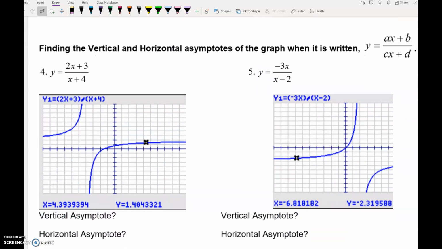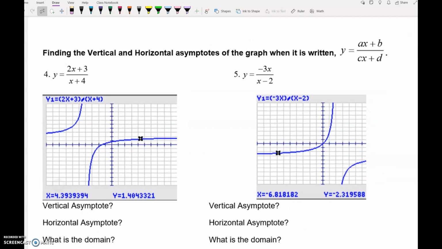That was type 1. On the next page, you're going to see type 2. Type 2 is where there's an x on the top and the bottom, and there isn't something added or subtracted after. So we need to figure out, where does this vertical asymptote come from, and where does this horizontal asymptote come from?